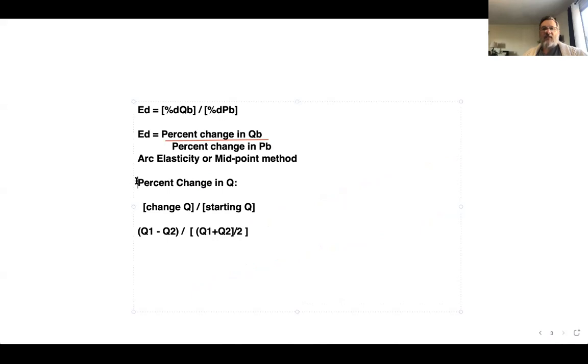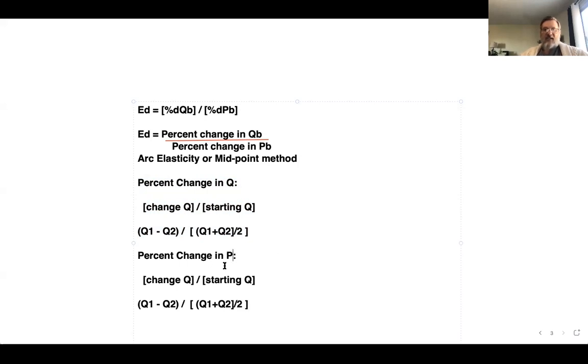And again, if I wanted to, I can go ahead and copy all of this, and then do percent change in P, and everything just follows through.